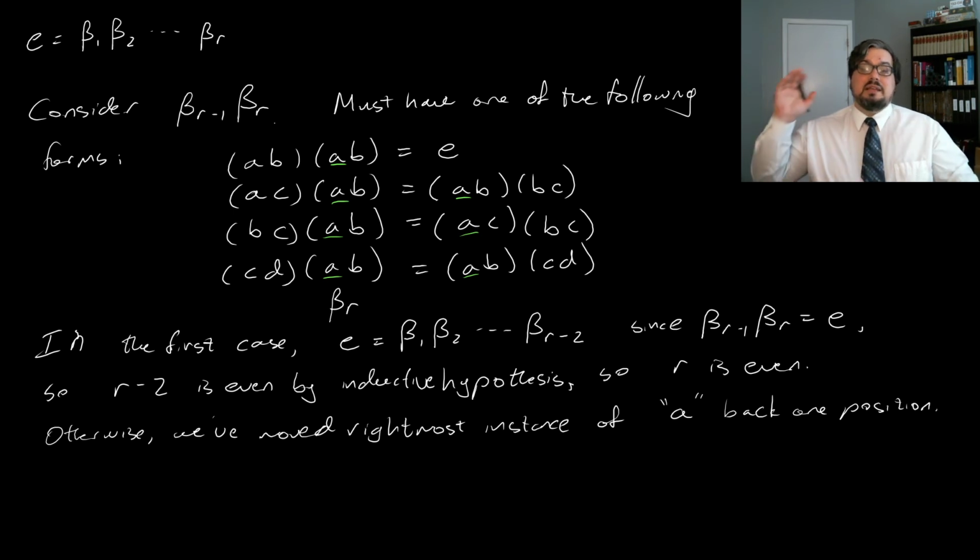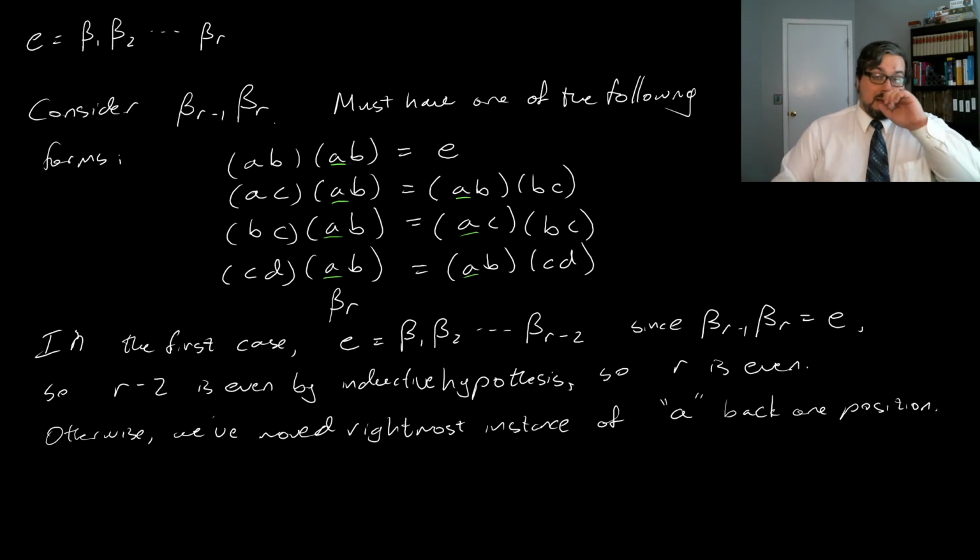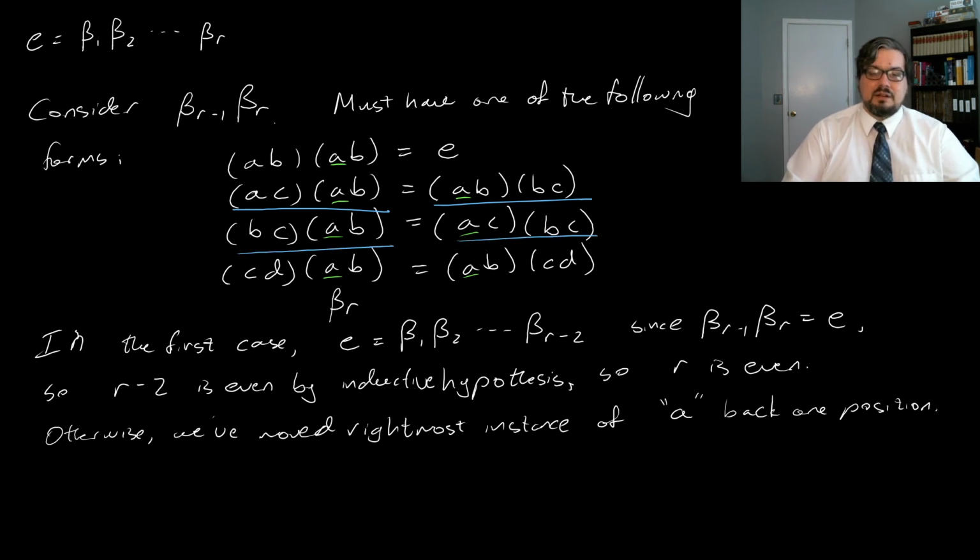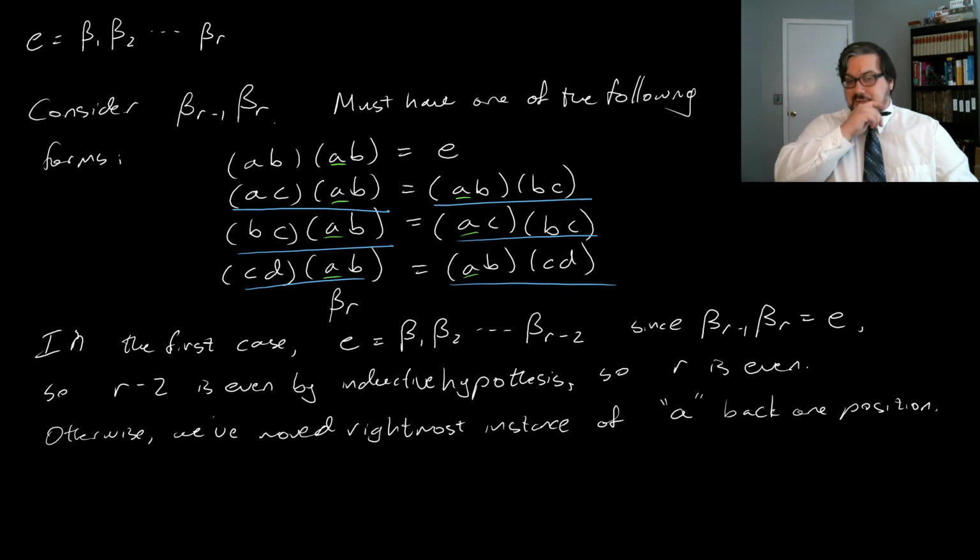So it was in the very rightmost transposition, and if we replace the two transpositions on the right with the two transpositions given in the alternate form here, then we've moved the rightmost instance of A back one position.